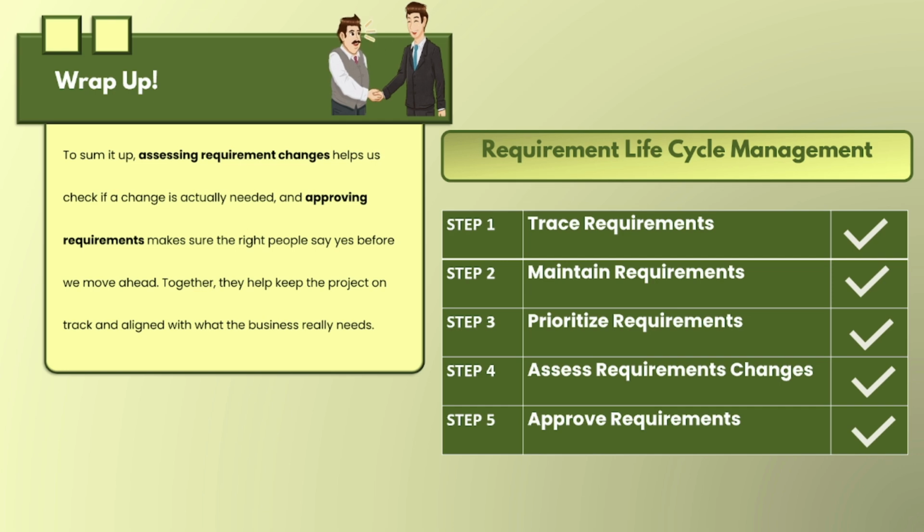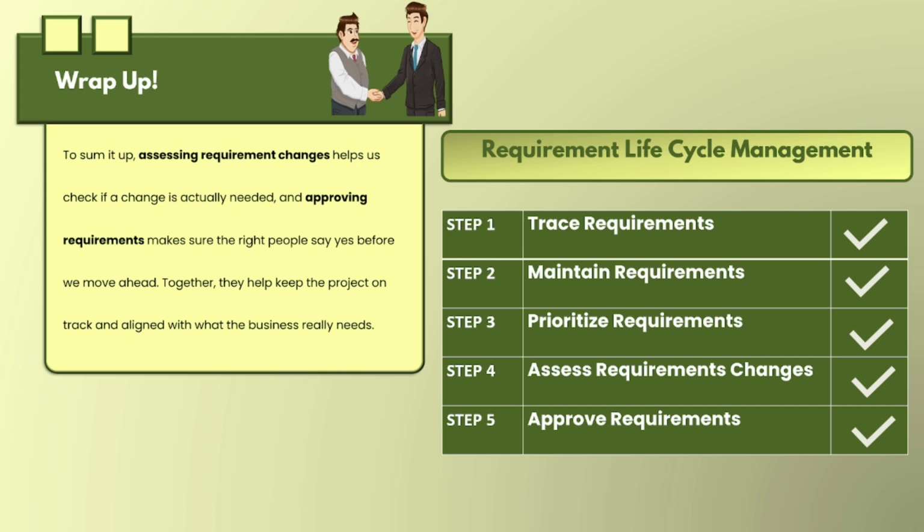So now I hope that you have understood what exactly requirement lifecycle management is. It's all about making sure the project stays on track with its requirements. We start by gathering all the details, then we move through the steps of assessing, approving, prioritizing, and managing any changes that pop up.